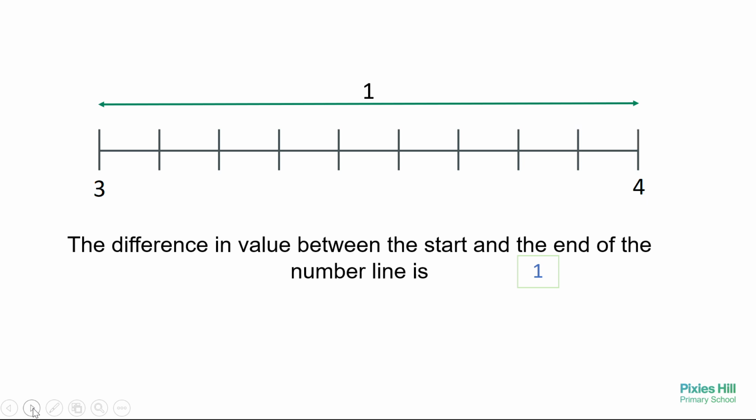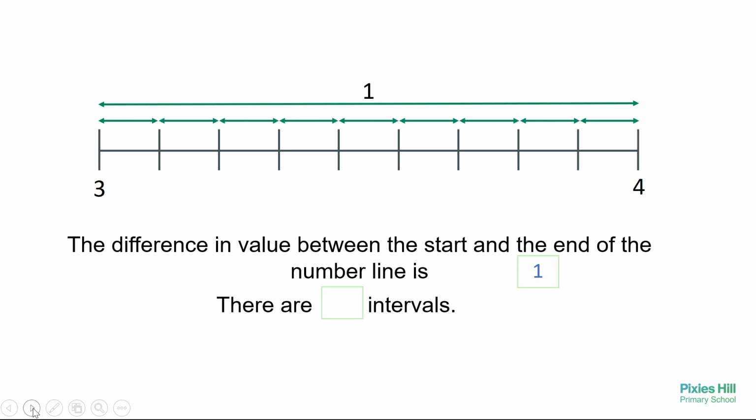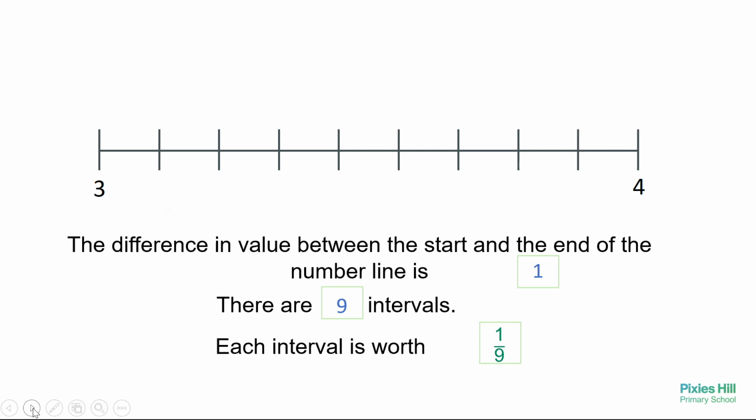Next, we look at the number of intervals between the start and end point, which in this example would be 9. Therefore, the number line is going up in ninths. Children can then fill in the missing intervals. For example, 3 and 1/9, 3 and 2/9, 3 and 3/9, and so on and so forth.